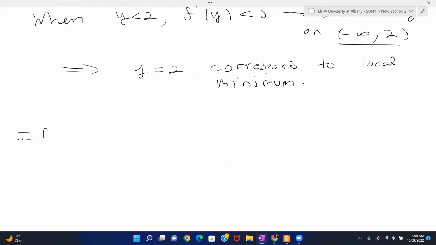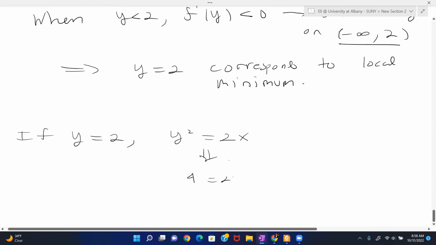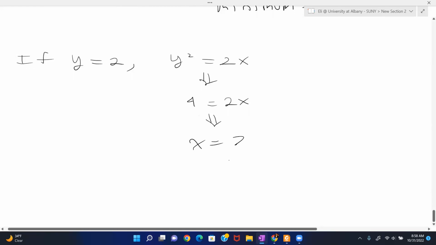So if y is equal to 2, then we have the equation y squared is equal to 2x. So that becomes 4 is equal to 2x. And then that implies that x is equal to 2.